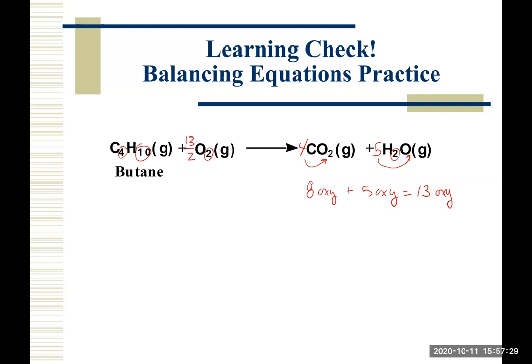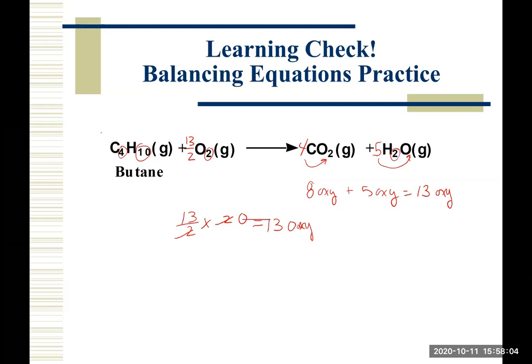The reason we can do that is because 13 halves times our 2 oxygens, you can see that the 2 will cross cancel, and we'll be left with a total of 13 oxygens, which is what we have over on the right side. So that will only work, though, if we handle every other stoichiometric coefficient the same way by multiplying through by 2.